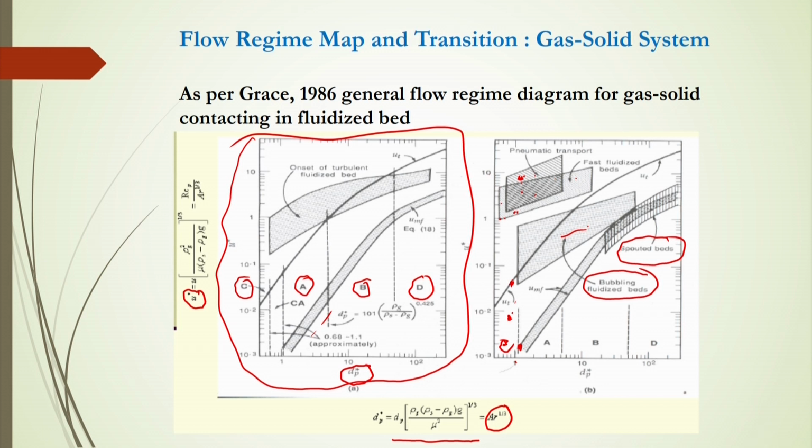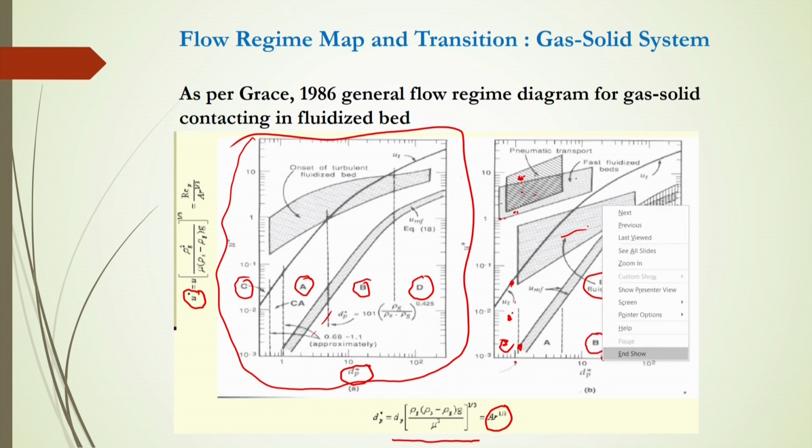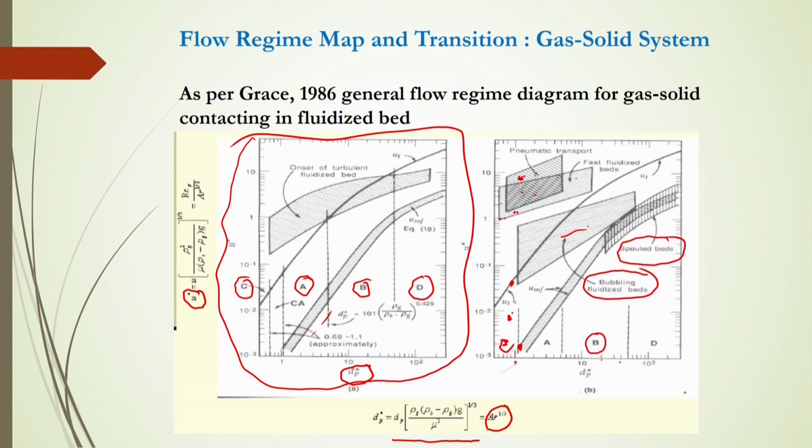Now, if you consider the B particle, and suppose dp star is equal to 11, what will happen? Any point here, whether it will be spouted or some other regime, you can take from this map.